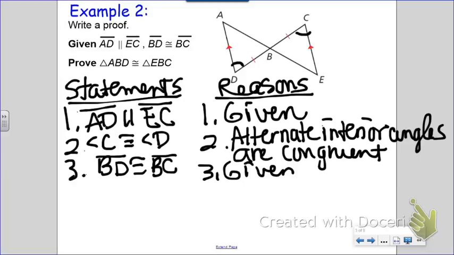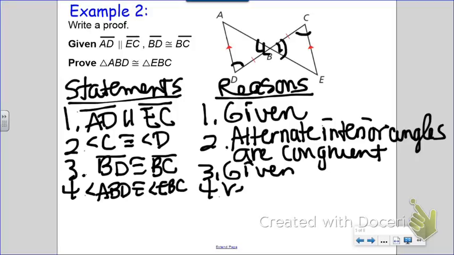It's already marked on the picture, we don't need to mark it. We have vertical angles, so we'll mark those and write it down. Angle ABD is congruent to angle EBC, and those are vertical angles congruent.